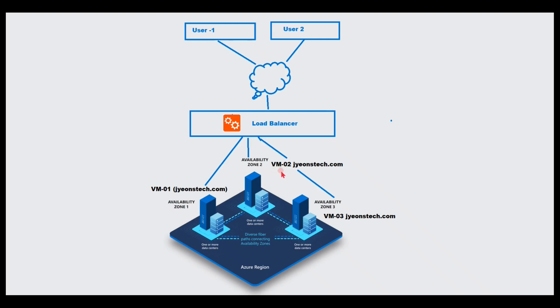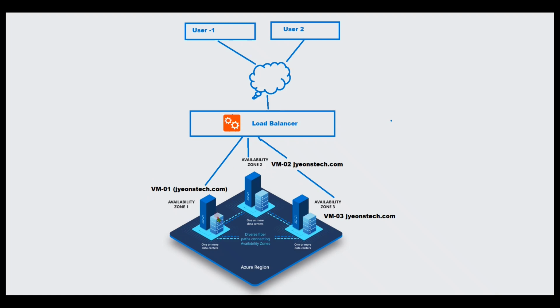We have another virtual machine VM02 hosted here, and the same replica exists in another zone. These virtual machines VM1, VM2 and VM3 exist behind the load balancer. For example, if a user wants to access the website, the load balancer sends the request to these servers.